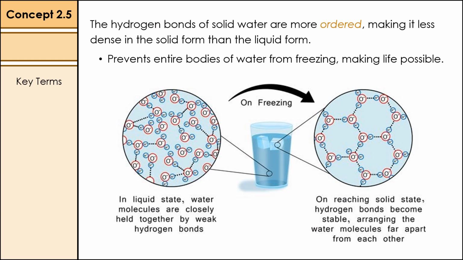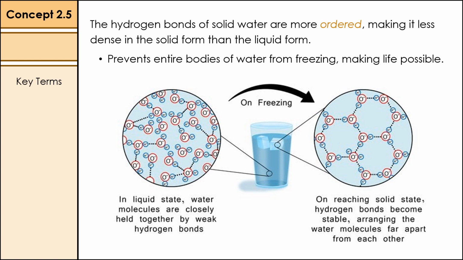So stepping away from heat and thermal energy, we're going to look at structure. Those hydrogen bonds that are formed between our different water molecules look a little bit different depending on the state our water is in. When we're in a liquid state, the hydrogen bonds hold water closely together, okay?